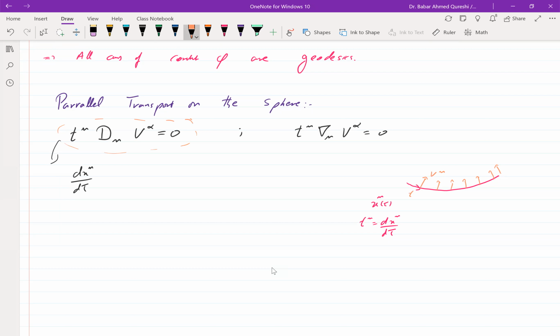So this is the t and this is the v. V could be directing in any direction you like, starting, and then you just parallelly transport it. You construct a field which is parallelly transported, so that field satisfies this equation of parallel transport.